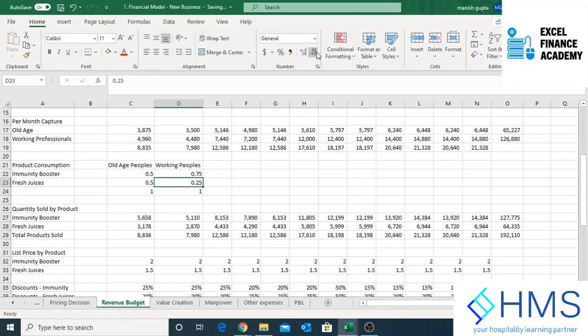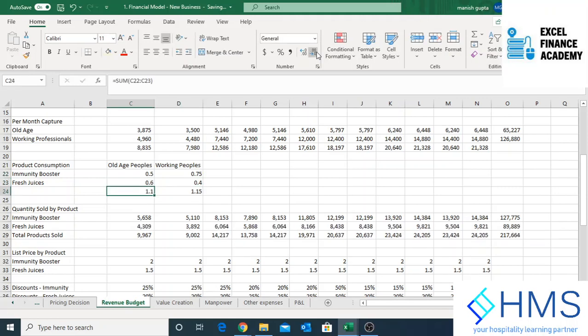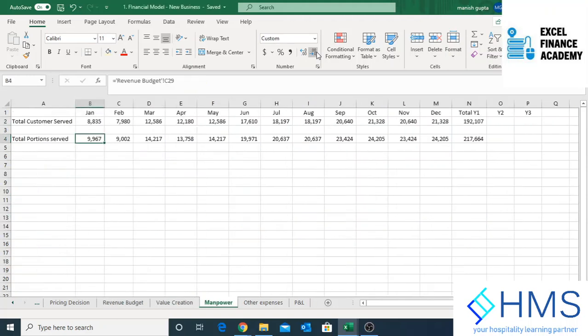Or if, let's say, working people are going to use 0.3 or 0.4 times fresh juices and immunity boosters, and 0.6 times they're going to use the fresh juices, then it's going to be more products than for the old age people. So let's use it this way so that we can see the difference clearly.